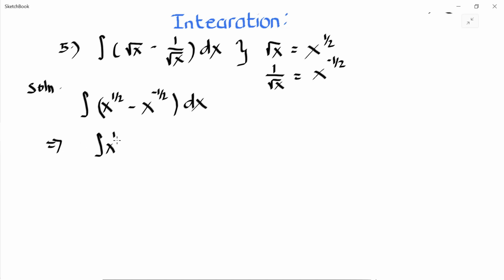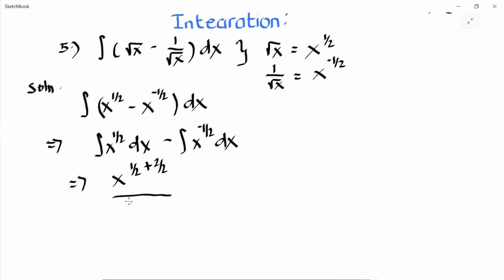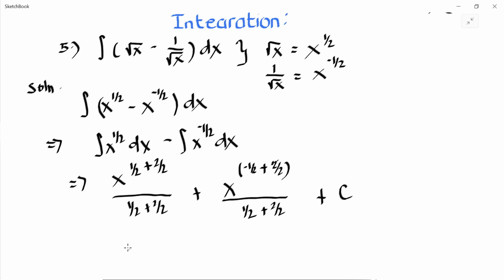term by term. This is the integrals of x raised to 1 half dx minus the integrals of x raised to negative 1 half dx, and this is also equals to x raised to 1 half plus 1, that is 2 over 2, 1 half plus 2 over 2 plus x raised to negative 1 half plus 2 over 2, 1 half plus 2 over 2 plus some constant of integration.